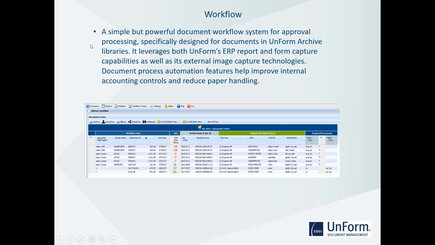So the workflow capability, what we're going to look at is how it would fit in with an AP automation scenario. So as the documents are coming into the archive, they become available to the workflow tool. And then depending on the type of document, if it's a trade invoice as opposed to an expense invoice, I can set up different requirements for that.